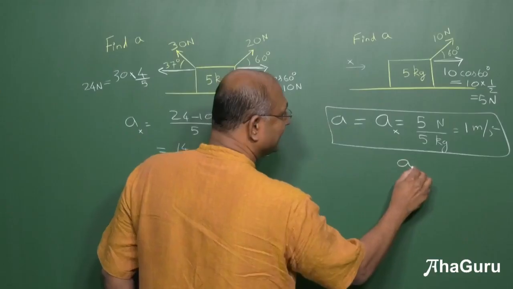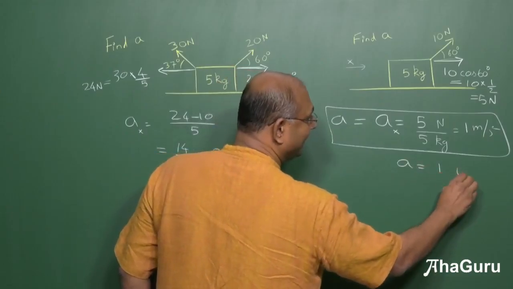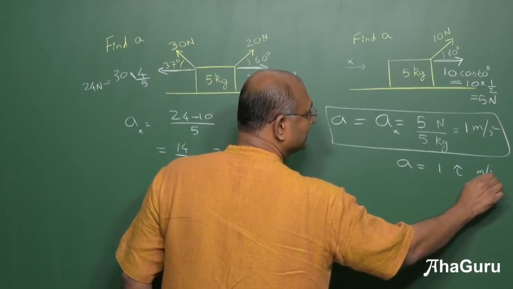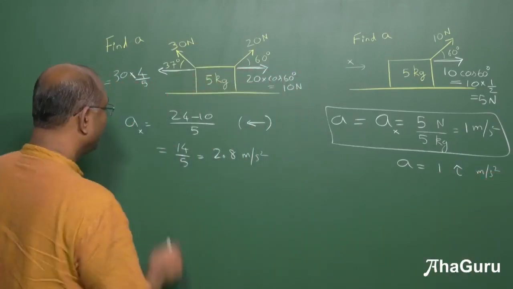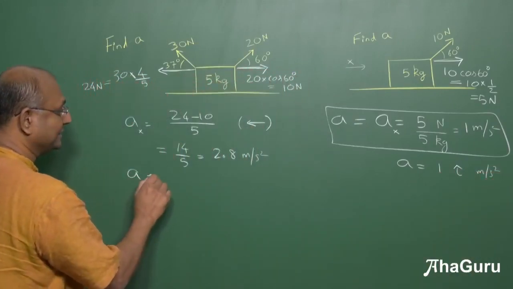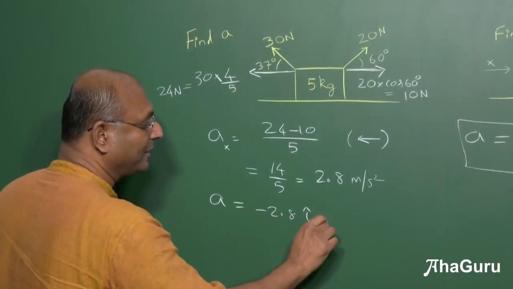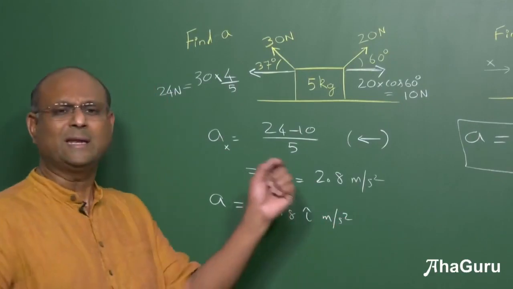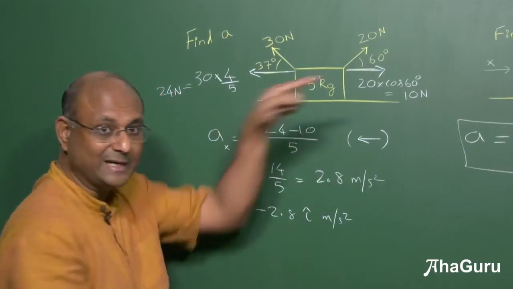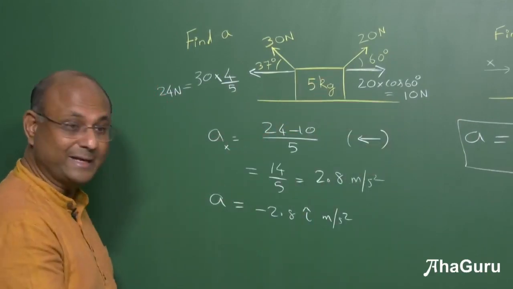Here the acceleration, I will write it as 1 I cap meters per second square. Here I will write the acceleration as minus 2.8 I cap meters per second square. Why minus? Because it was in this direction. That direction is I, this direction is minus I.